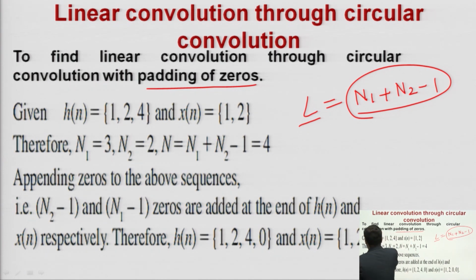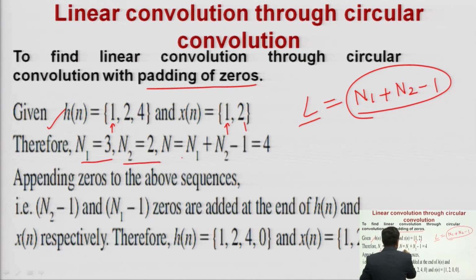Like in this example, you can see that h(n) is 1, 2, 4, so at 0 it is 1, then 2 and 4 are given, and x(n) is only 1, 2, so at 0 it is 1 and at 1 it is 2. Now, N1 is equal to 3, the length of the first sequence, and the length of the second sequence is 2, N2 is equal to 2.